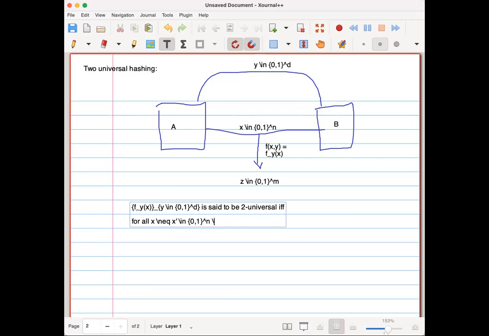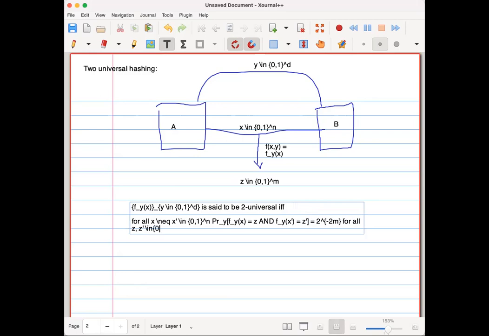What I want is the probability, under the choice of y, that f subscript y of x equals z and f subscript y of x prime equals z prime. No, the probability that they're equal, that there's a collision, that is small.